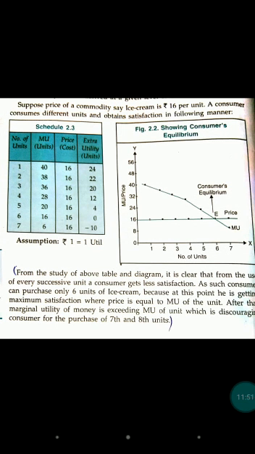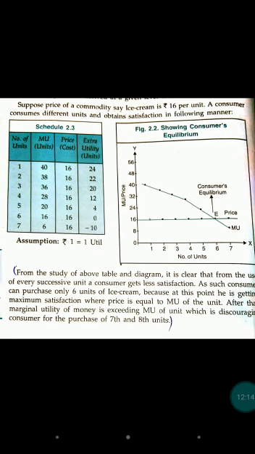Again, when we consume the second ice cream, our satisfaction level goes down, meaning our MU falls, from 40 to 38. Again we pay the same constant price. When we consume the third unit, our satisfaction goes down to 36 and we pay 16 rupees. This will move till unit 6.